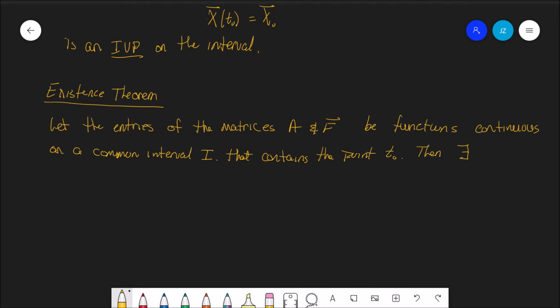Then there exists a unique solution of the initial value problem x dot equals Ax plus f such that x of t0 is equal to x0.